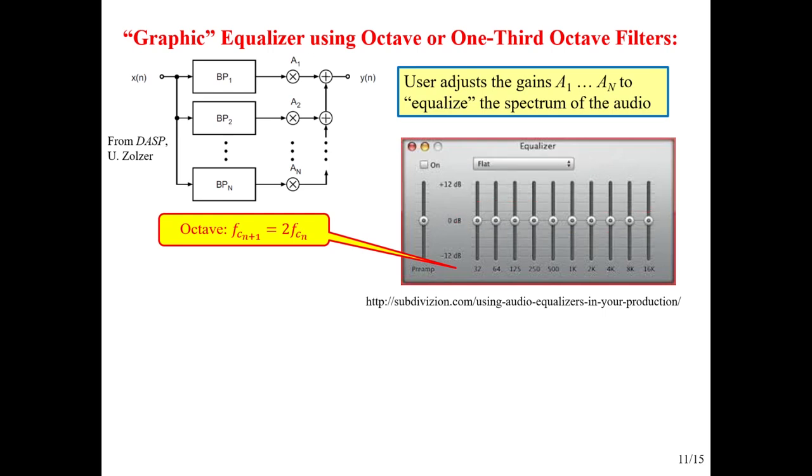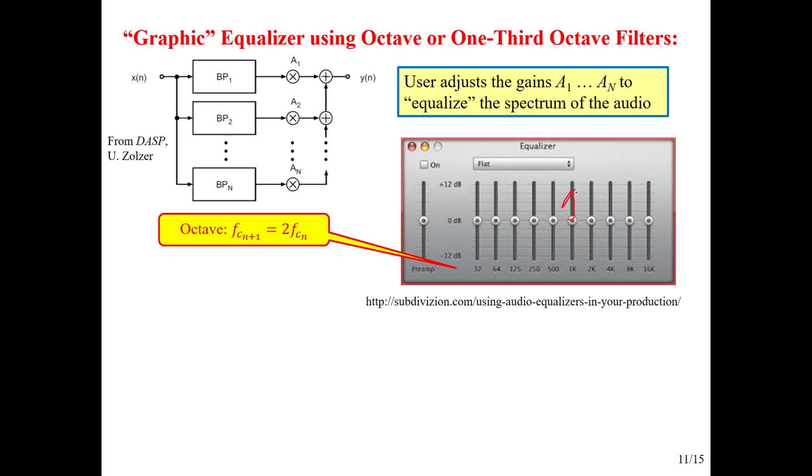So remember I said make those bigger than 1 or less than 1. In dB, that would be bigger than 0 or less than 0. So negative dB corresponds to cutting those, attenuating those. So here we've got all of our knobs set at 0 dB, but we could move some of those up.